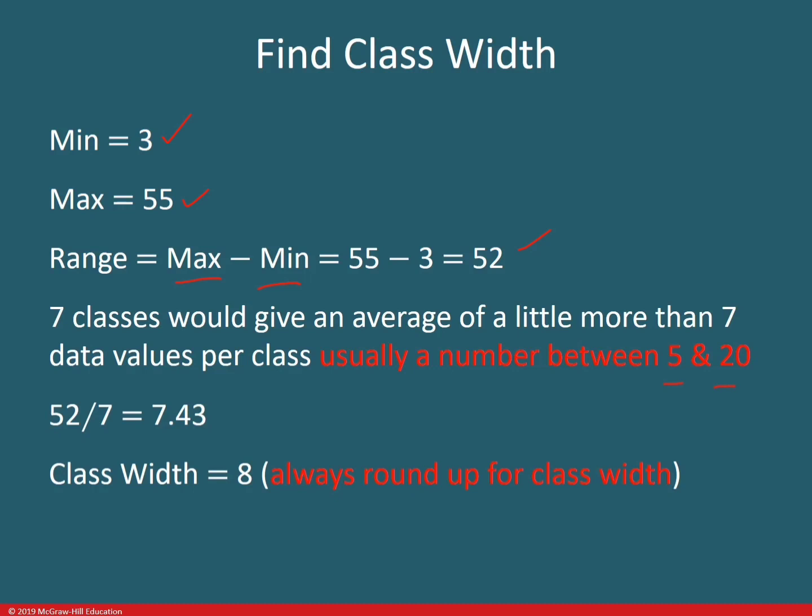You want to give a good estimate of which number you want to choose. The reason why I chose 7 was because I looked at my range, 52, and I was thinking, if I choose 6, the closest number that 6 divides that is less than 52 is 48.